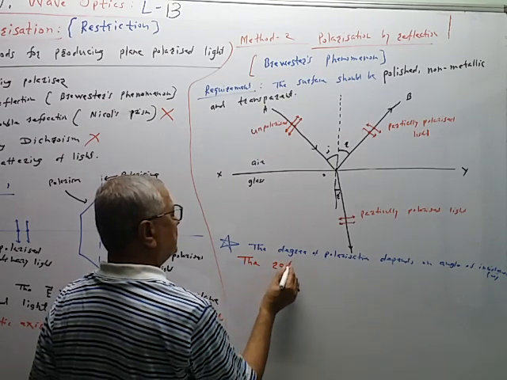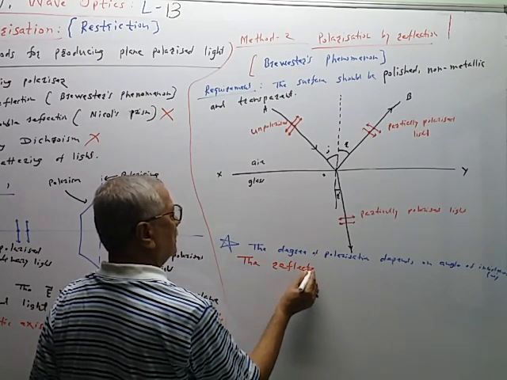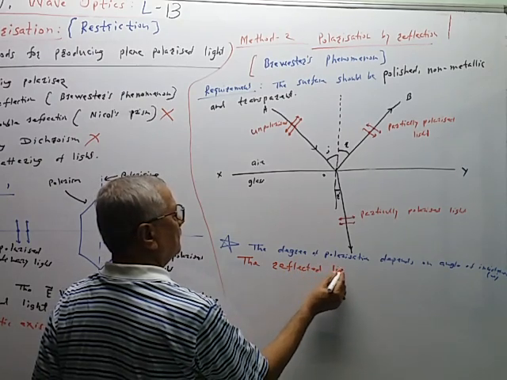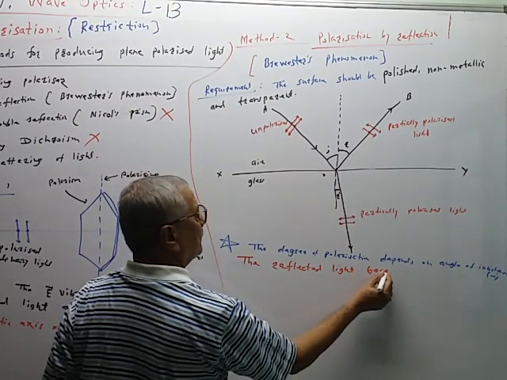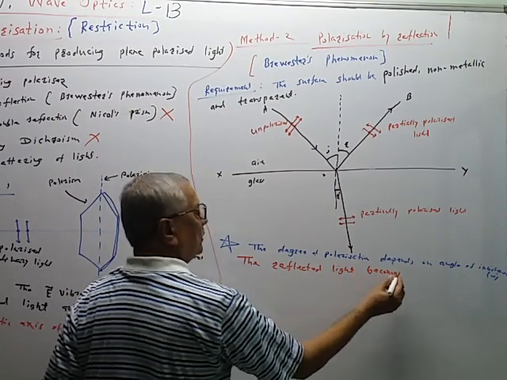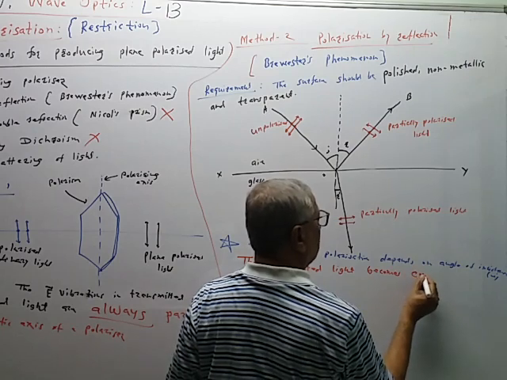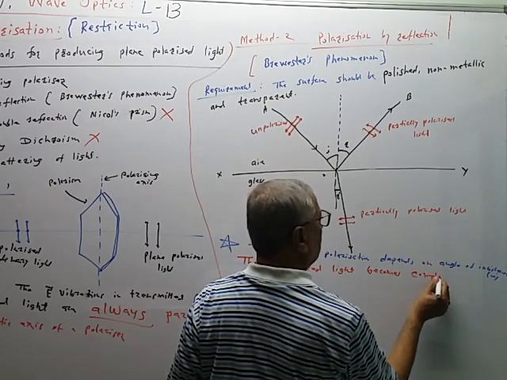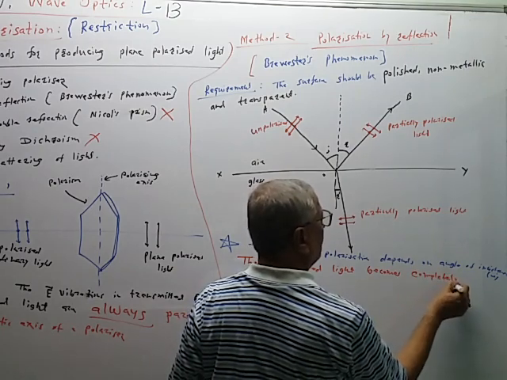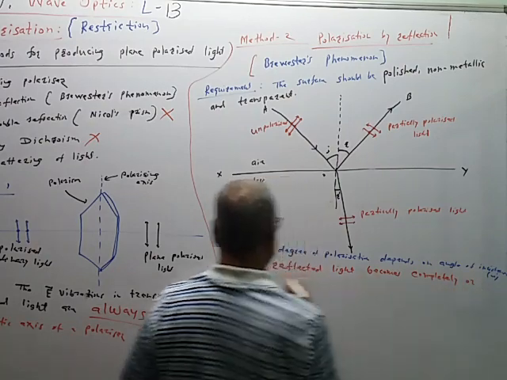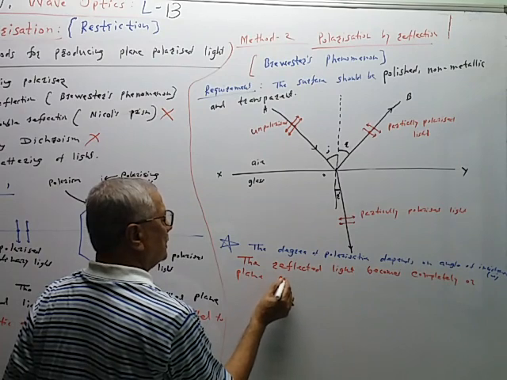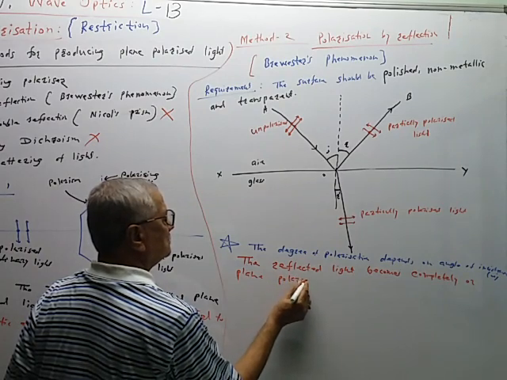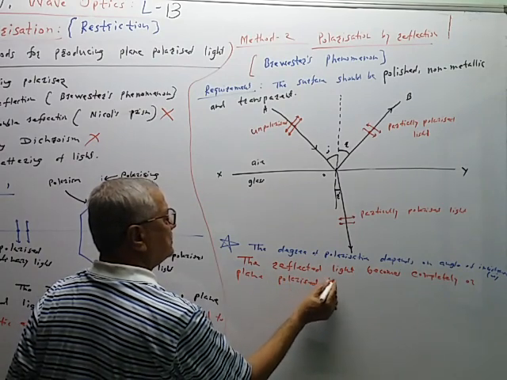The reflected light becomes completely plain polarized light.